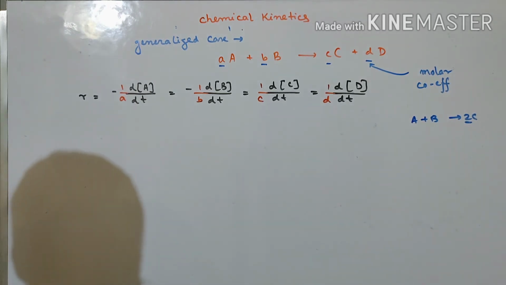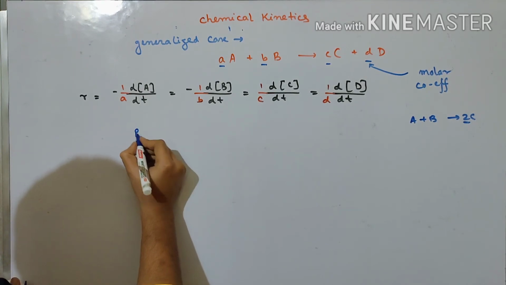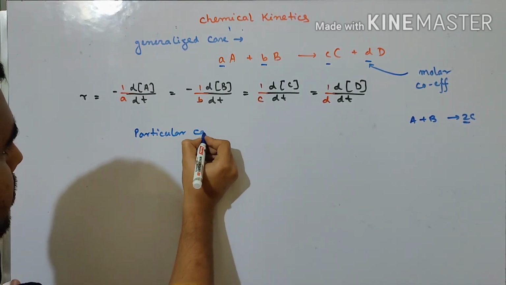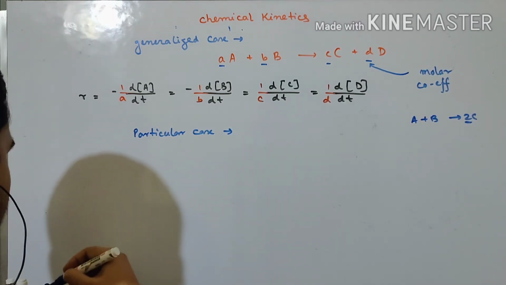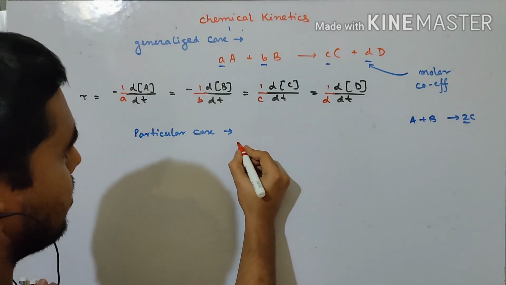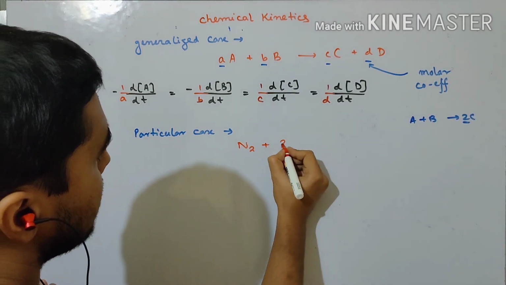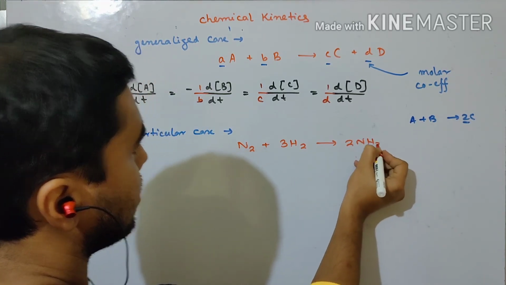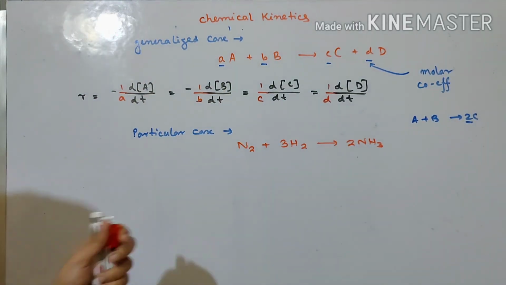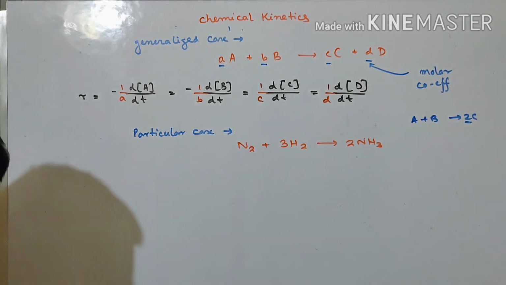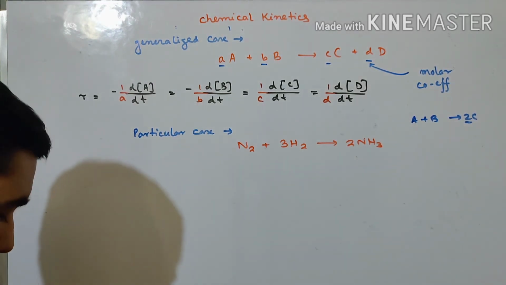So if we can write down the generalized case, for a particular case also, we should be able to write. So now let us see the particular case. Suppose N2 plus 3H2 giving rise to 2NH3. So this is a particular case. If we can write down for this reaction, we should logically be able to write down for any reaction.